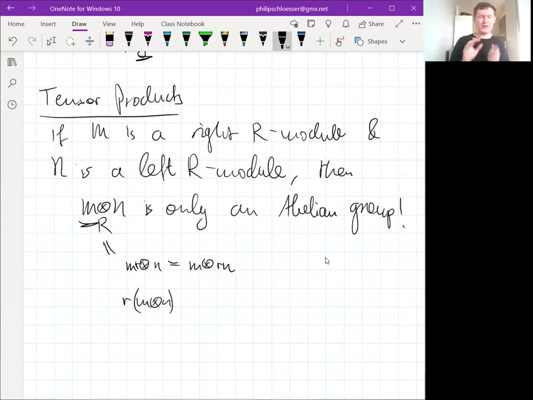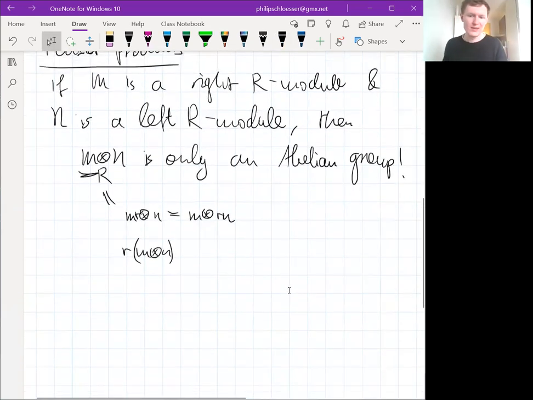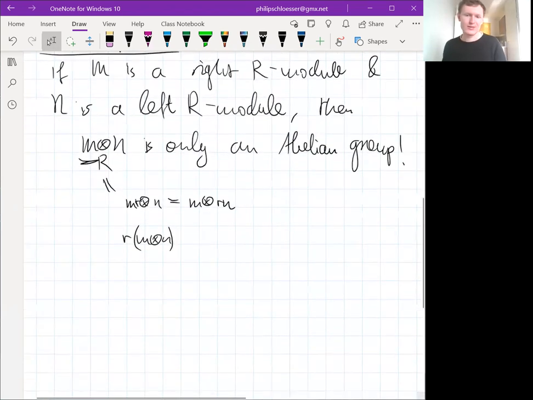So there's no way of converting this left module structure into a right module structure. Well, I guess with some caveat, but let's not get into that. So we can't really use that structure.